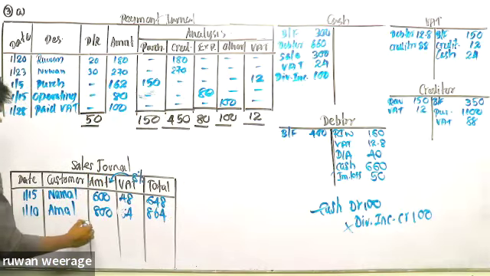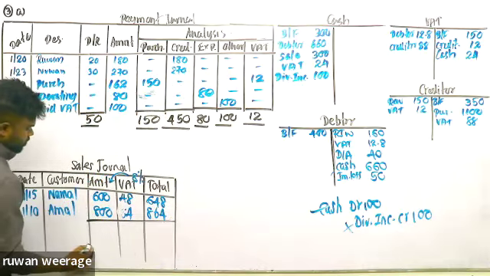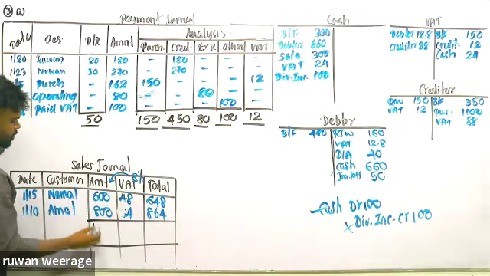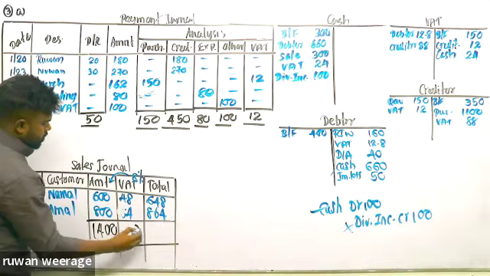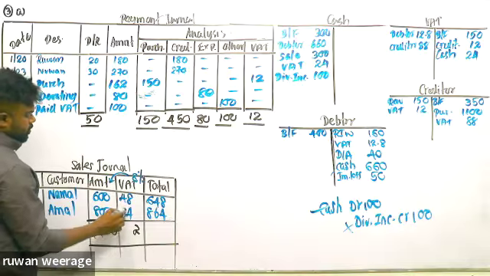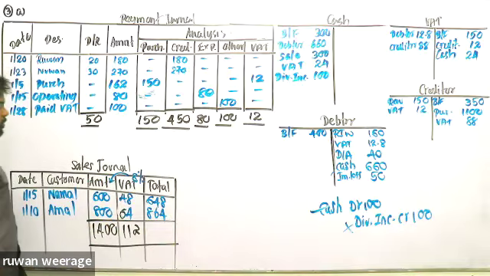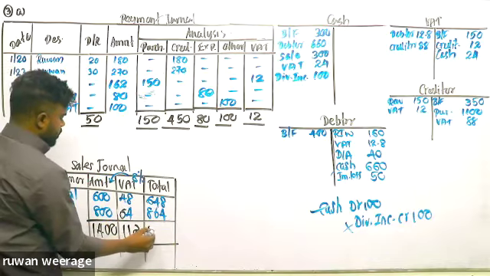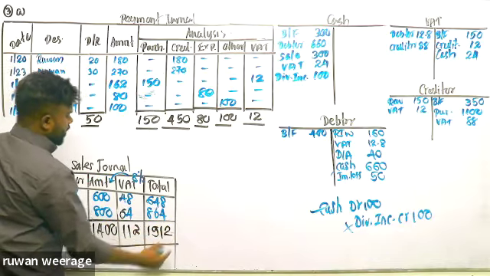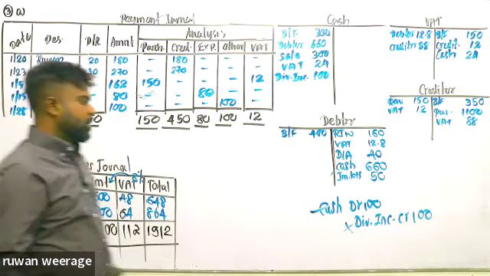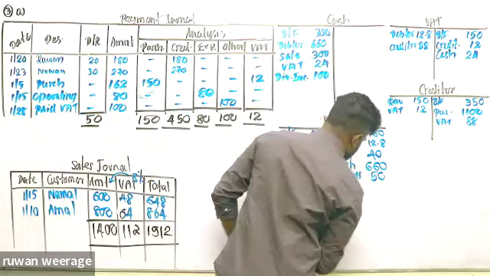Clear? 1512. I think then how to record it to the ledger accounts now. The ledger accounts will be done.